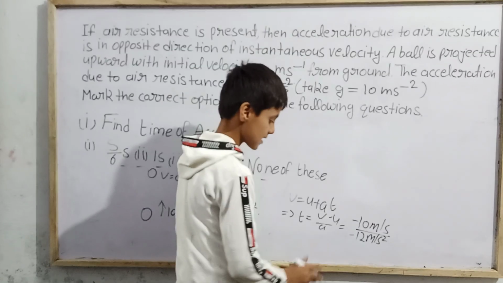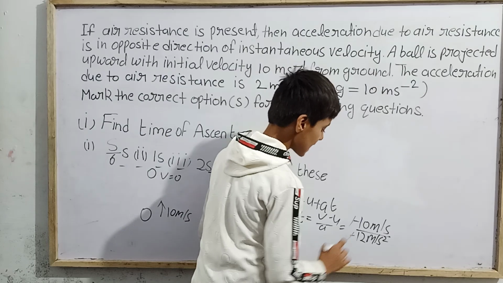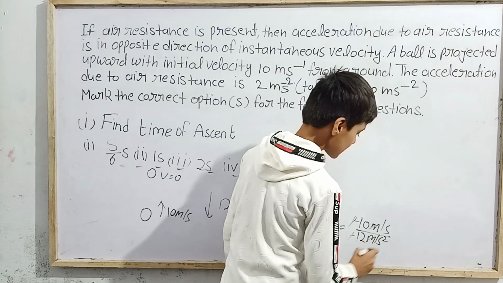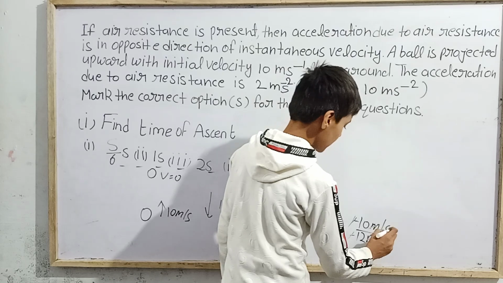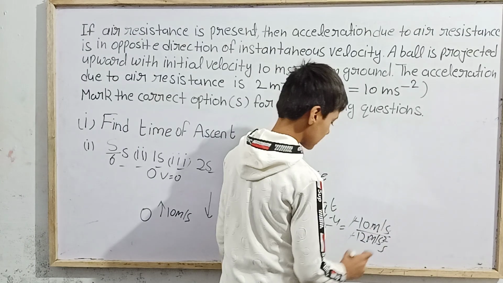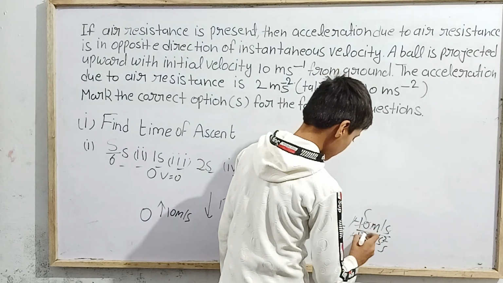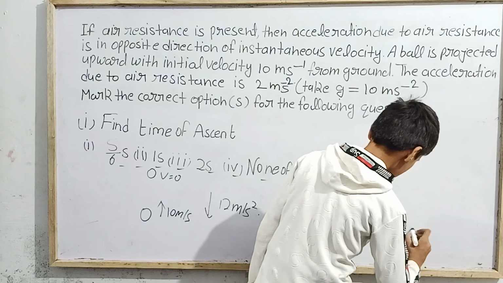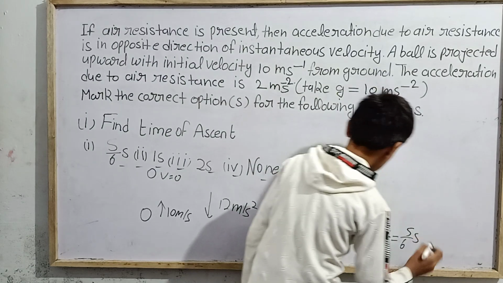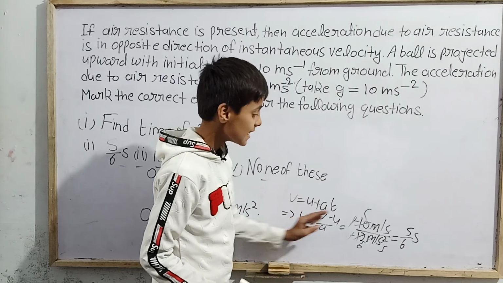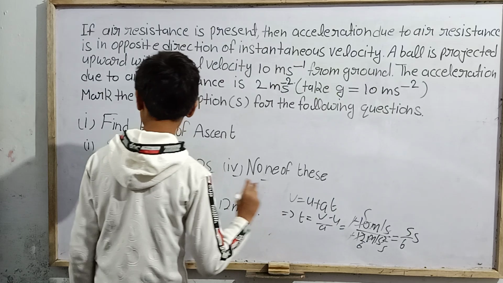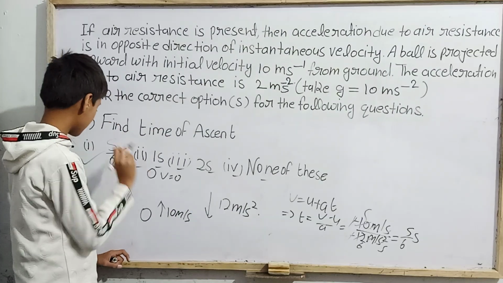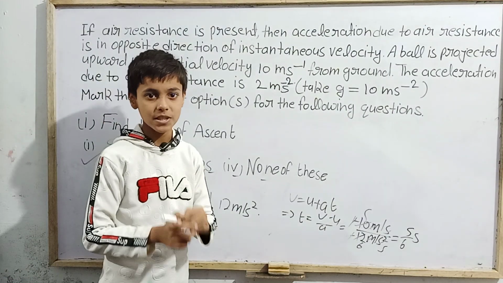Why minus? Because it is towards the downward direction. Minus and minus cancel, the meters cancel, and second square by second gives seconds. So it comes to 5 by 6, which equals 5/6 seconds. So the time of ascent is 5/6 seconds. The first option matches, so the first option is the correct answer.